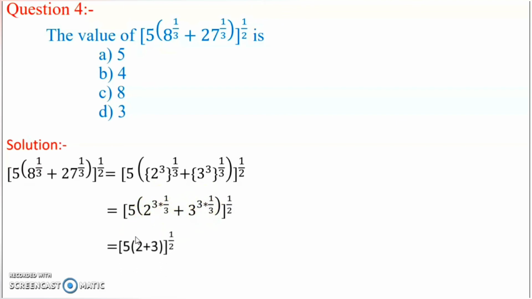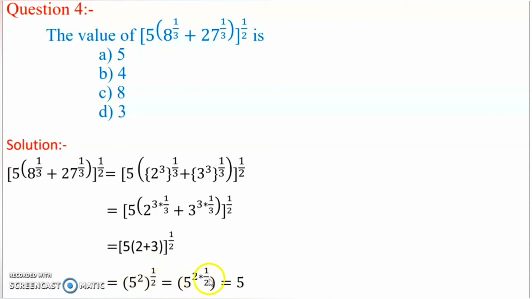and you will get 2 raised to 1 plus 3 raised to 1, which is same as 5 into 2 plus 3 whole raised to 1 by 2. Now this one will be 5 into 5, which is 5 square whole raised to half. Now 5 square whole raised to half. Again you will use the other law of indices. So by using the law, it will be 5 raised to 2 into 1 by 2.